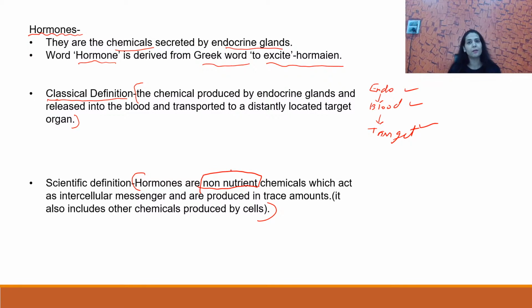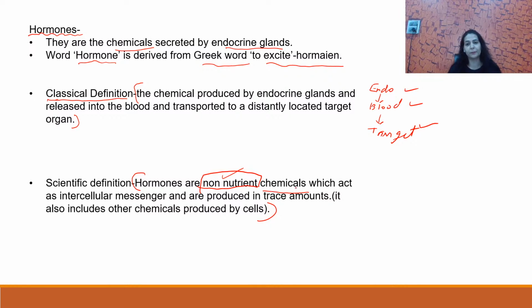But can you take thyroxine, break it down and produce energy out of it? No, they are non-nutrient. They might be made up of polypeptides, proteins, amino acids, steroids are made up of cholesterol, but you cannot break them and obtain energy out of it. They do not have any nutrient value.